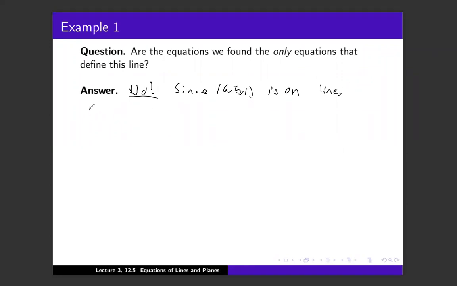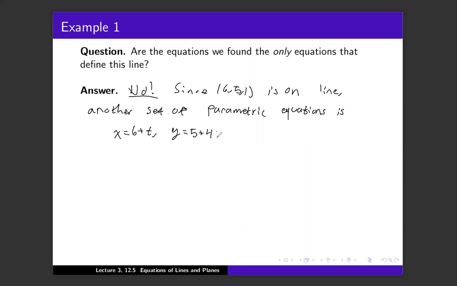So another set of parametric equations could be given by x equals 6 plus t, y equals 5 plus 4t, and z equals 1 minus 2t.